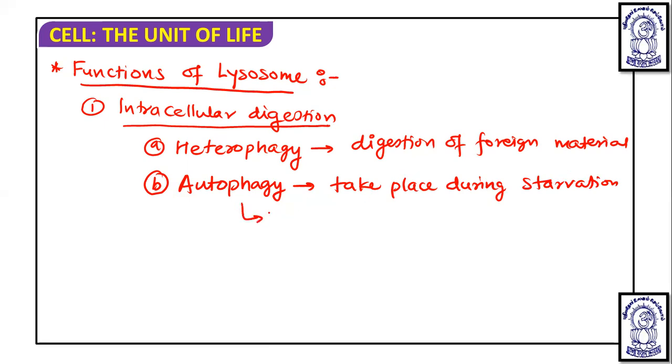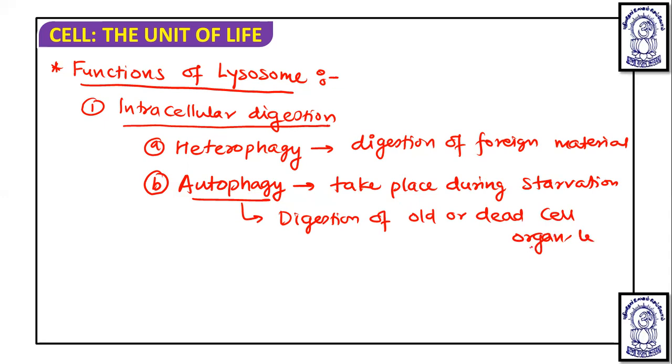So when there is a starvation of food, then the digestion of old or dead cell organelles takes place. And when old or dead cell organelles get digested, then it is known as autophagy.